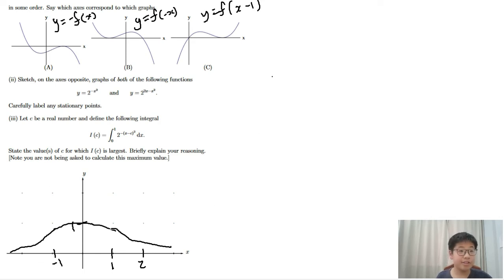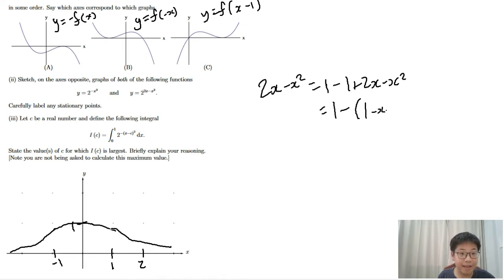Why is this? So let us describe the transformations. 2x minus x squared equals 1 minus 1 plus 2x minus x squared, which equals 1 minus (x minus 1) squared. So it is stretched parallel to the y-axis by a factor of 2 because the 1 basically multiplies everything by 2.